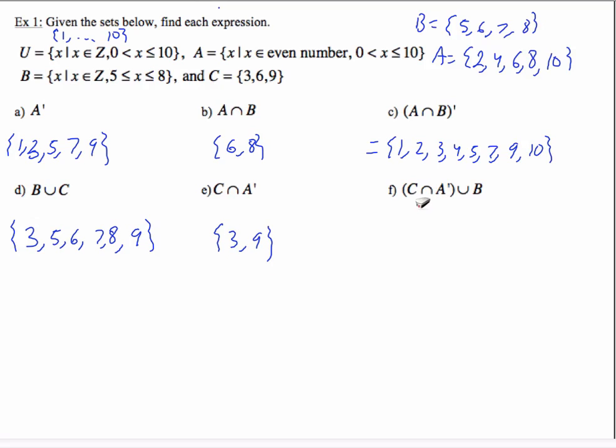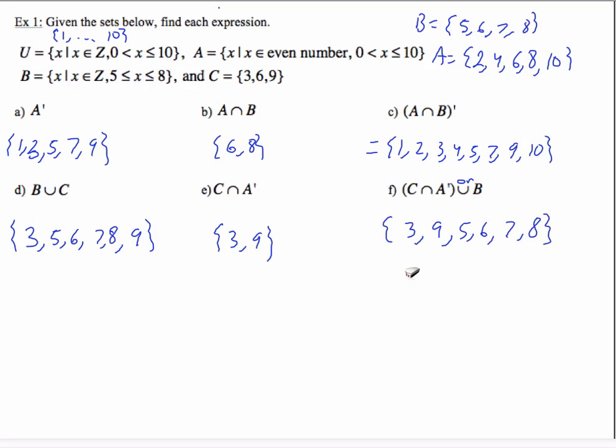Now we have C intersect complement of A, union with B. We got C intersect complement of A over here, so we know the set is going to have 3 and 9 in it. Let me write it out of order first. 3 and 9 from this part, and then we add the elements from set B, so 5, 6, 7, and 8.